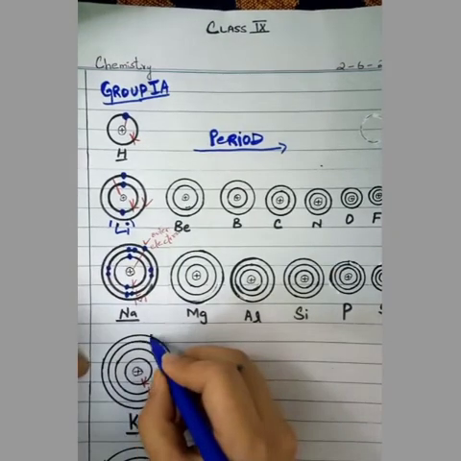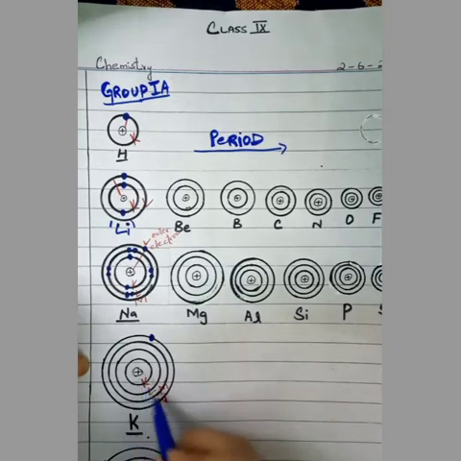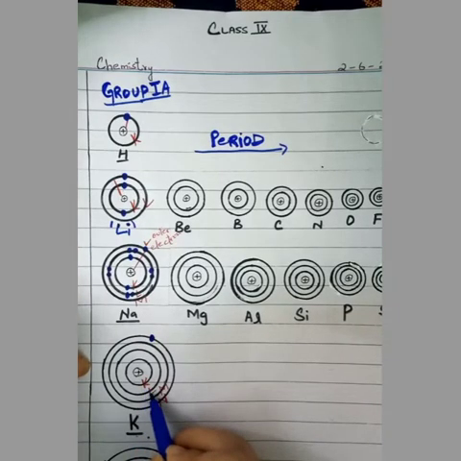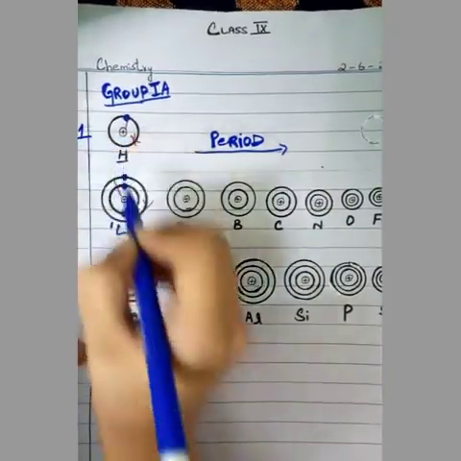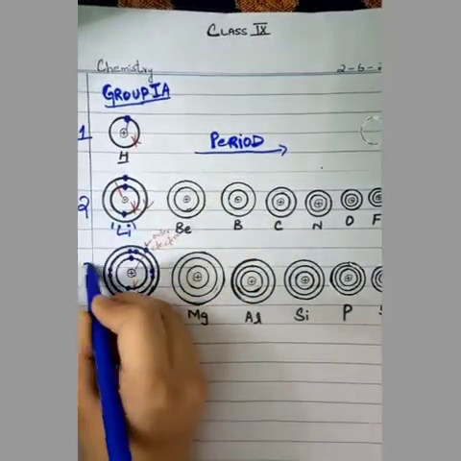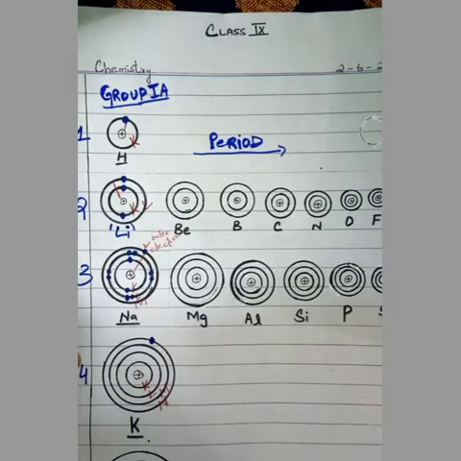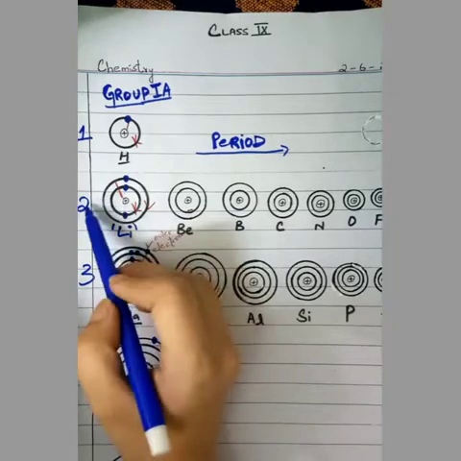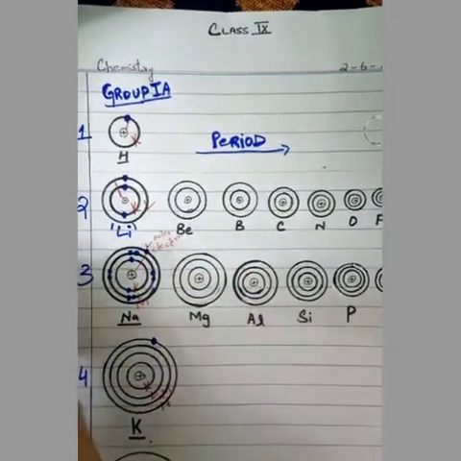Okay, when we move down in a group, you can see here the number of shells is increasing. This is the element potassium and it contains 4 shells, K, L, M and N. This is period number 1, this is period number 2, period number 3, period number 4 and period number 5. As we know, the period number indicates the number of shells in an atom.